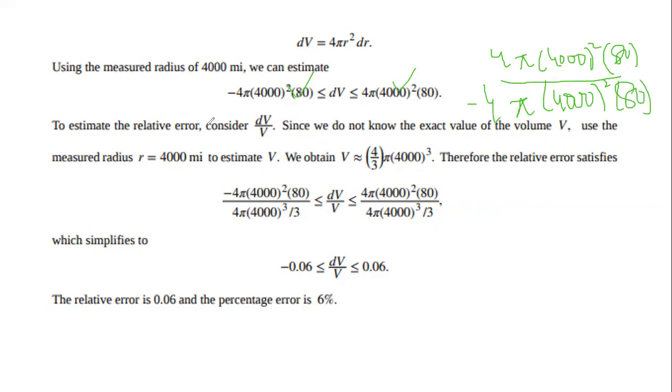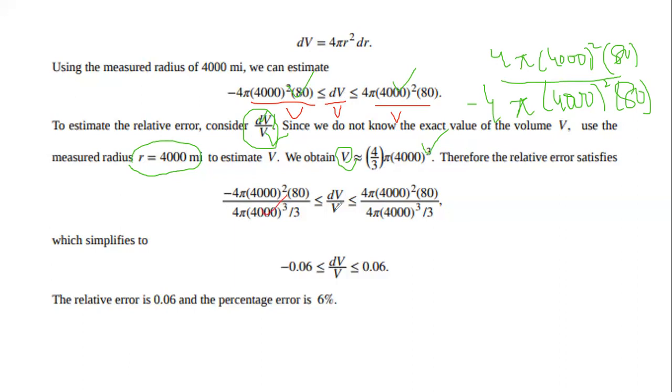To estimate the relative error, consider dV upon V, that is the change in volume divided by the total volume. Since we do not know the exact value of V, I will use the radius value, that is 4,000, to approximate. As we know the volume is 4 upon 3 pi r cubed, I will divide the whole fraction by V. So in the lower part it will be 4 upon 3 pi r cubed.